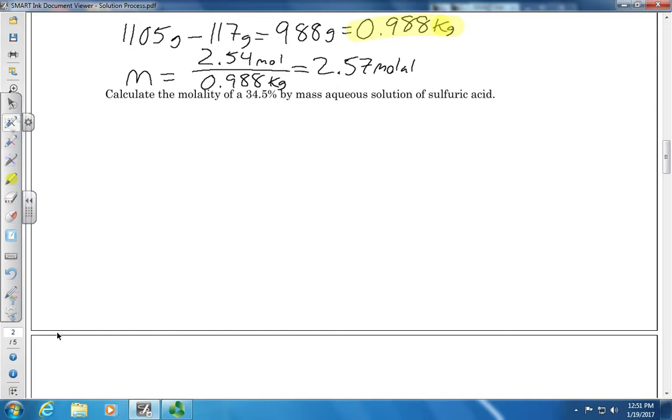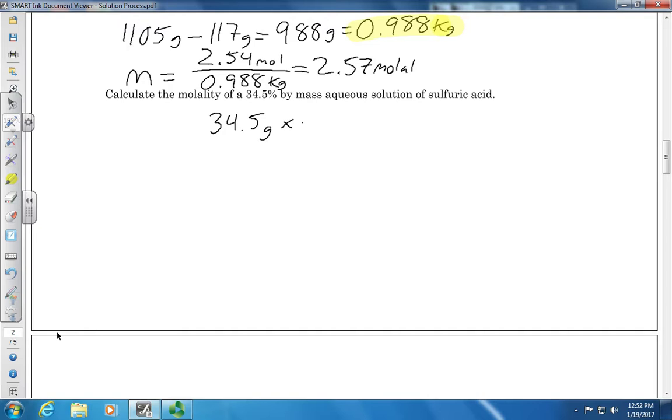And we could do that by saying, well, that means that if there were 100 grams of the solution, then sulfuric acid would be 34.5 grams. So, under that presumption, we could say 34.5 grams. If we pretend like we have 100 grams total, 34.5 grams are sulfuric acid.